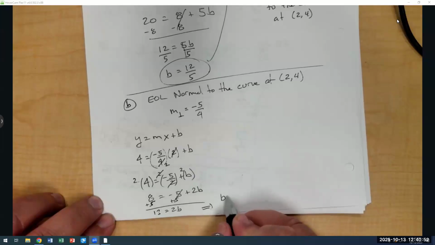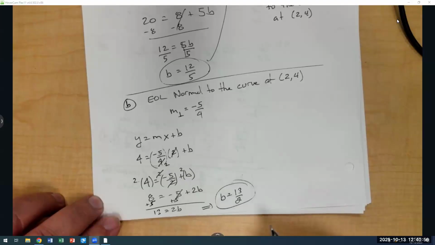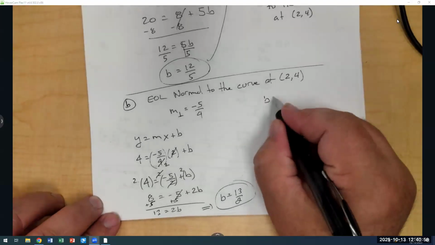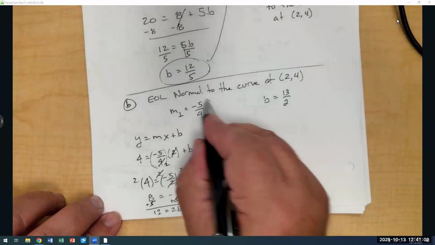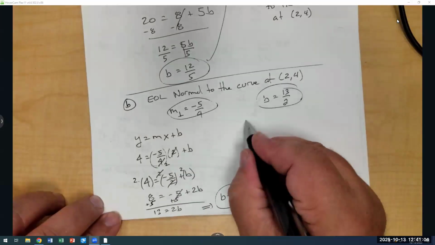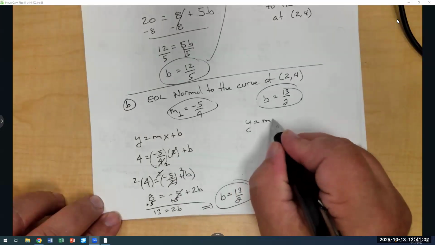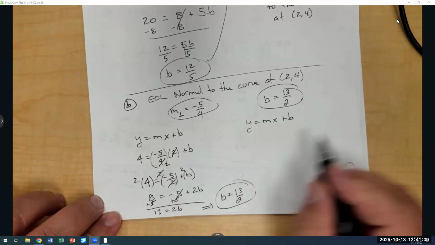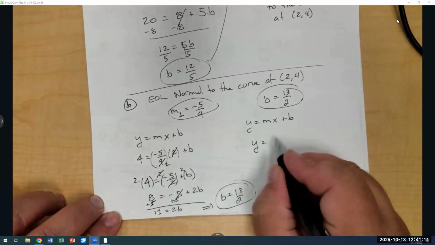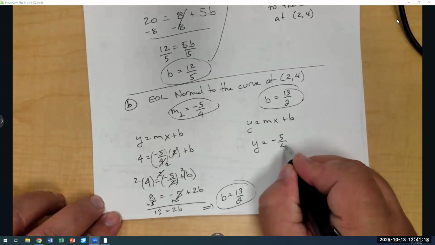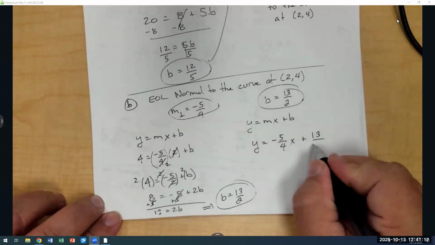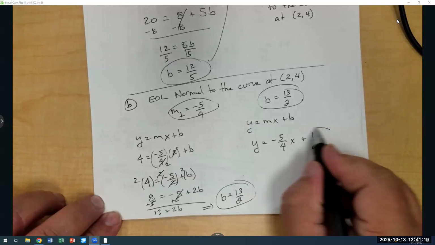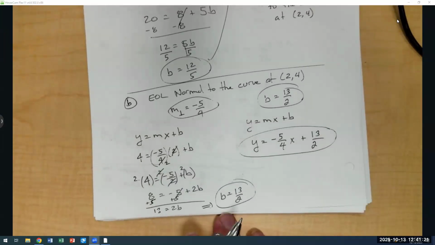So b is equal to 13 over 2. Plug in my slope and my y-intercept for the perpendicular line, and there's my equation.